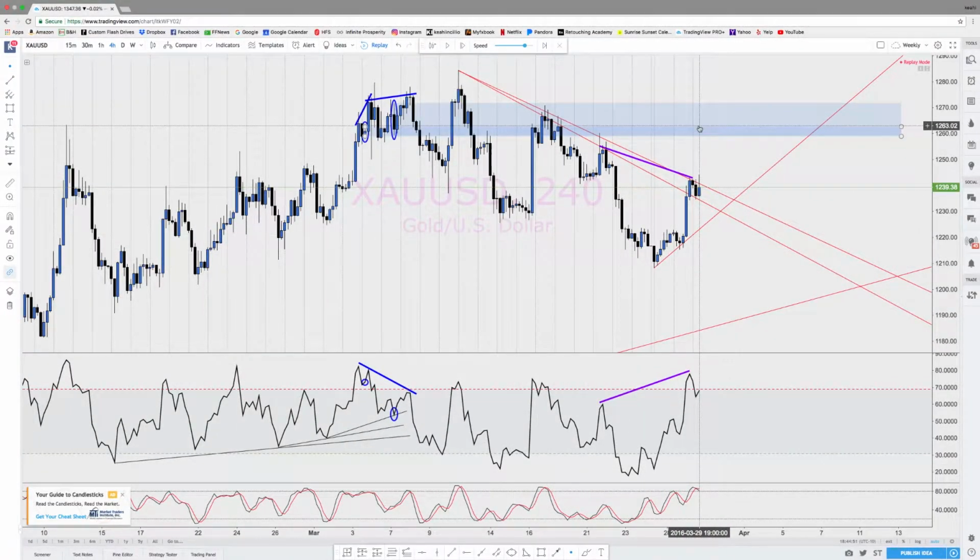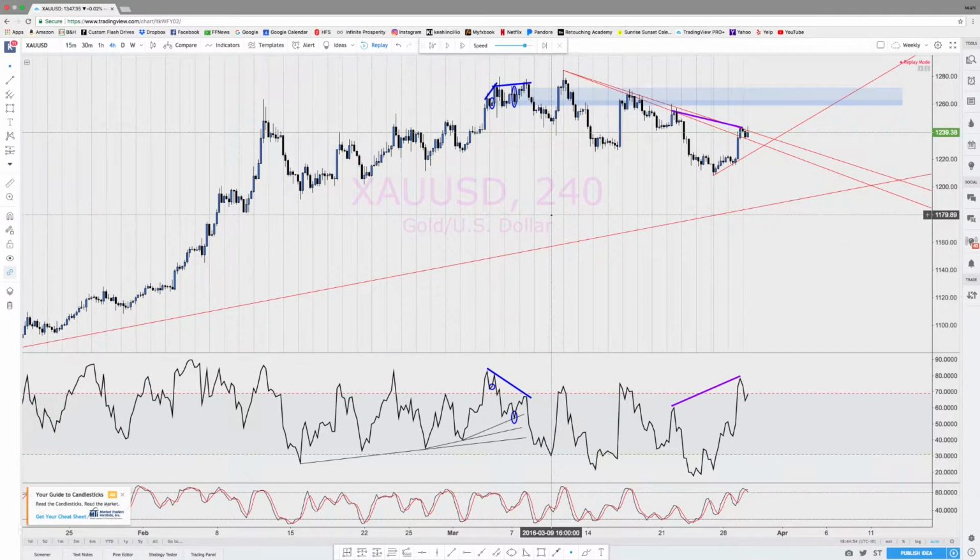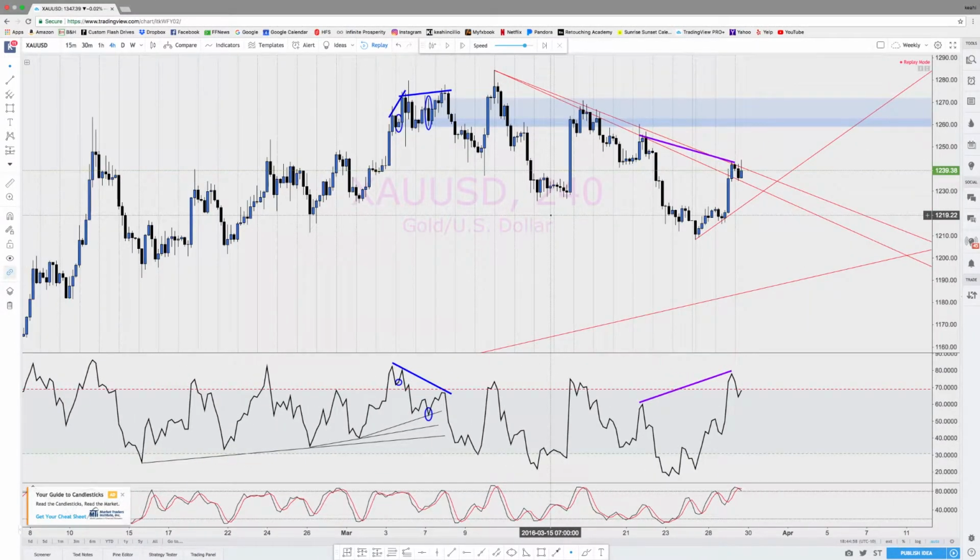We have a zone above price action. Let's see if we can find a zone below price action. Actually, I see hidden divergence here. Some hidden divergence there.